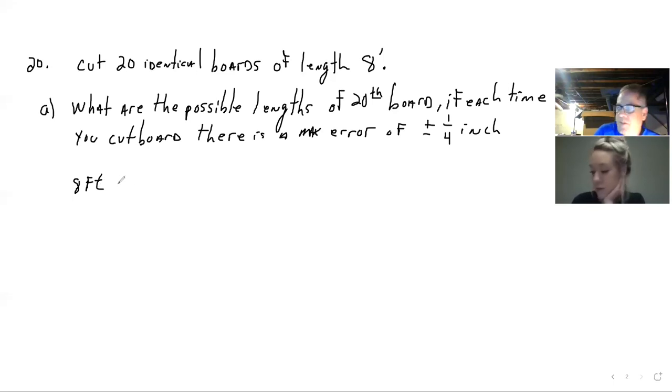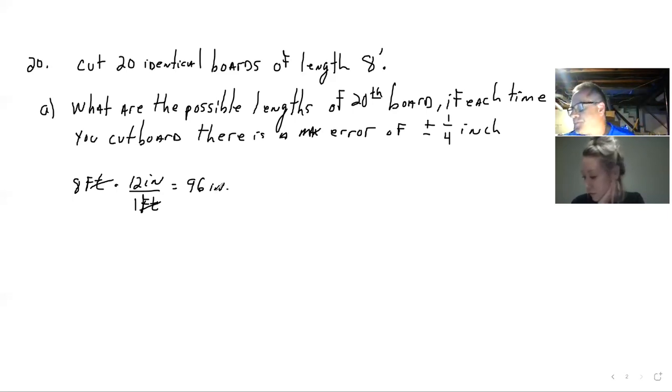So that would just be times 12, since 12 inches is 1 foot. Let's cancel out there. So 8 times 12 is 96. So I've now got inches.